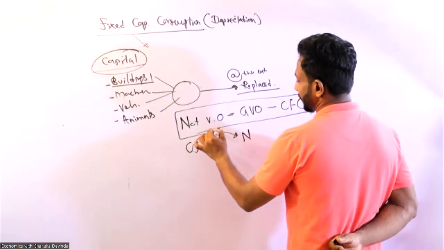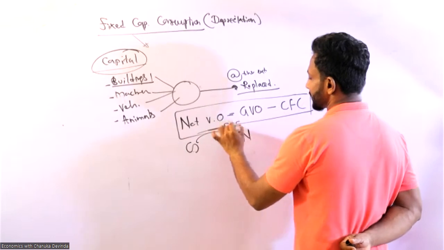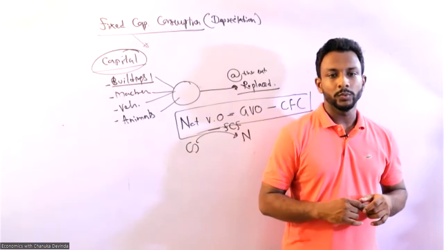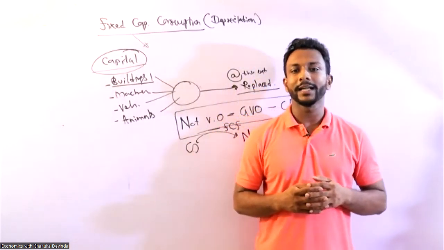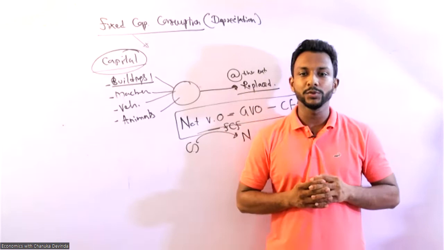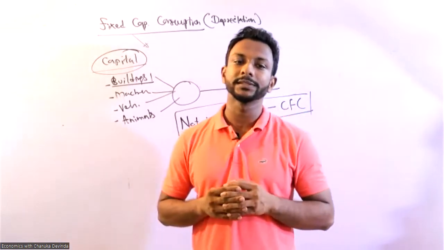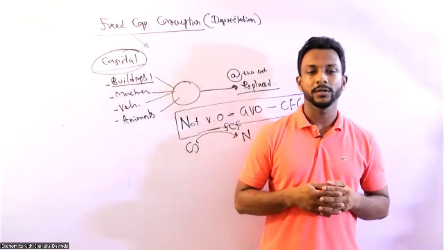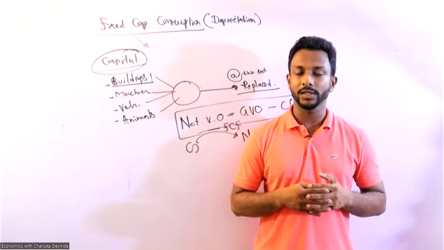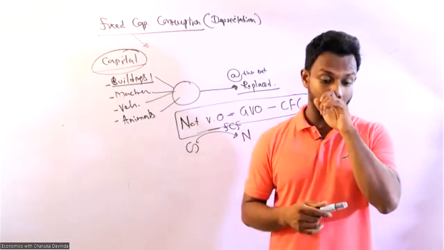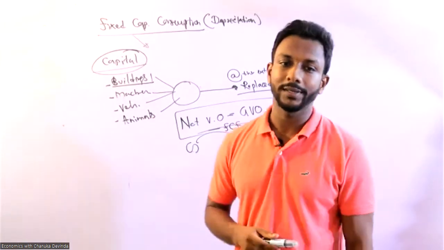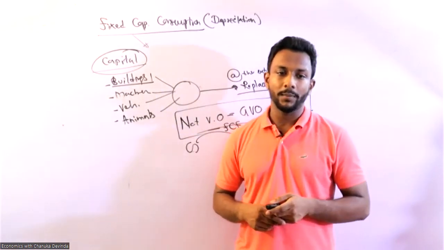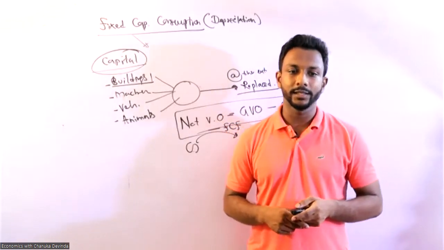So just remove the fixed capital consumption. What's the answer? In order to obtain net domestic product at market price, consumption of fixed capital must be removed from GDP at the market price. So net domestic production equals gross domestic production minus consumption of fixed capital. Right. Question number 8. Please read the question and answer.